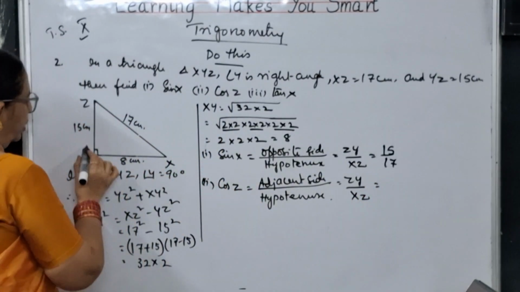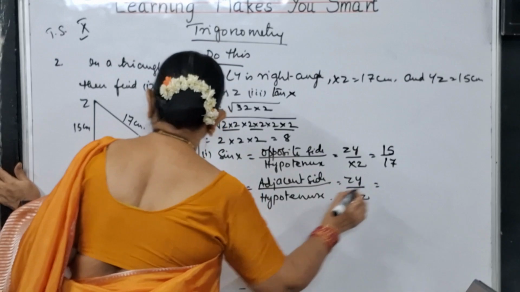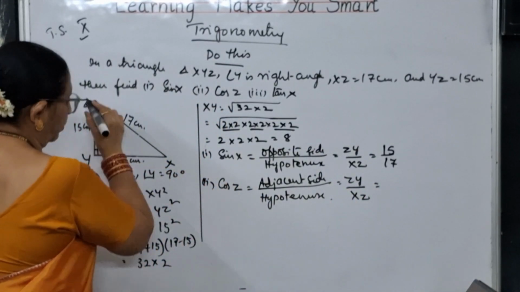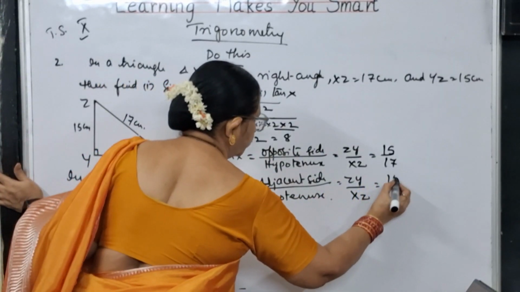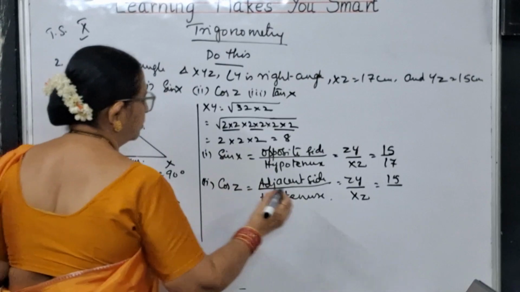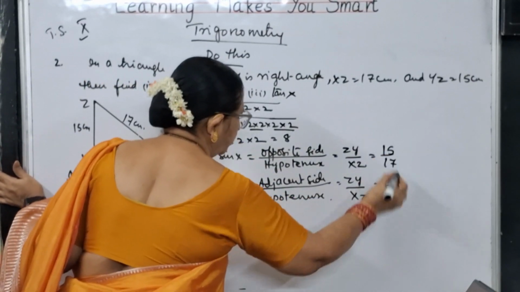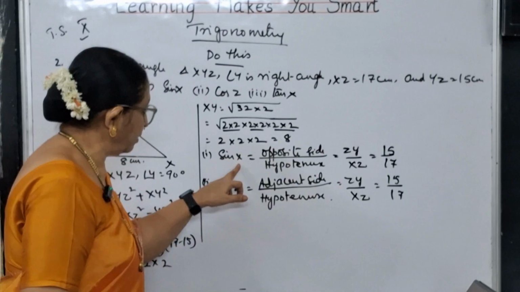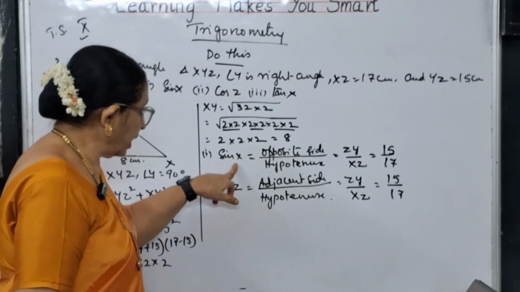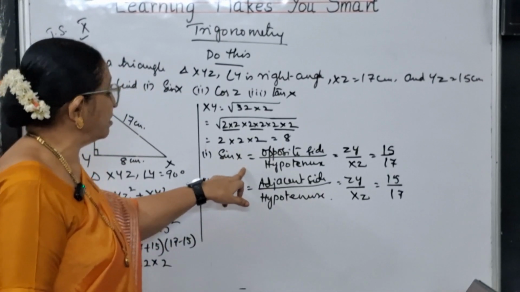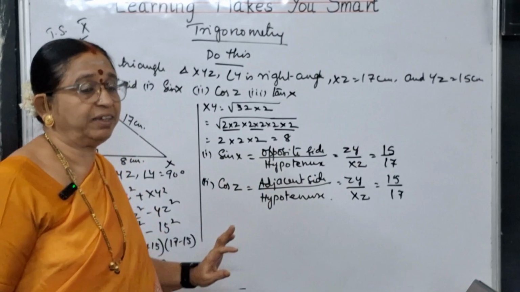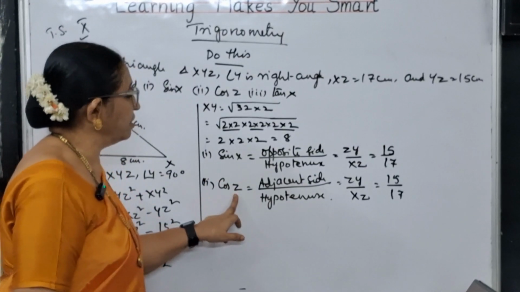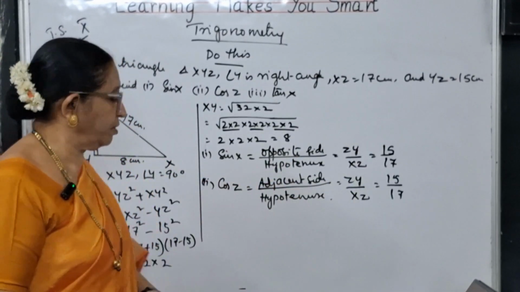What is ZY we have got? 15. ZY again 15 by XZ is 17. See, both of them have got the same value. But what is differing? Here angles are differing. As far as sin x is concerned, this value is for sin theta. As far as z is concerned, this value is for cos theta.